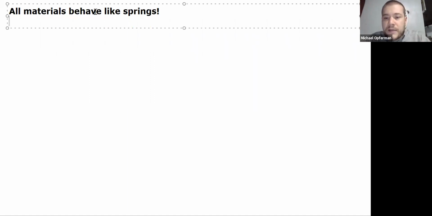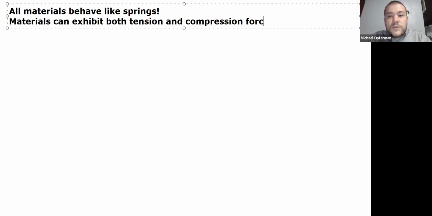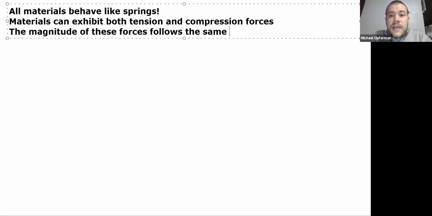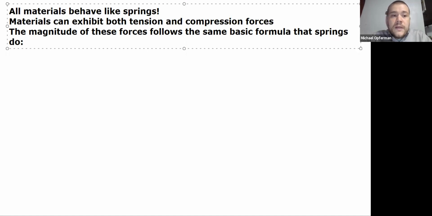What I mean by that, practically speaking, is that materials can exhibit both tension and compression forces, and the magnitude of these forces follows the same basic formula that springs do, namely F equals kx. The only difference is we switch up our terminology a little bit here.